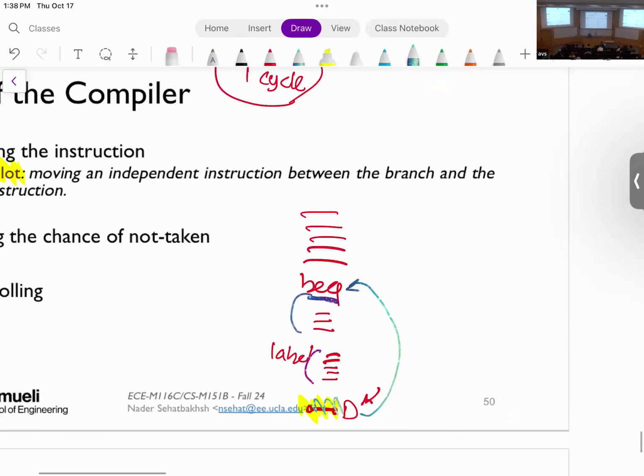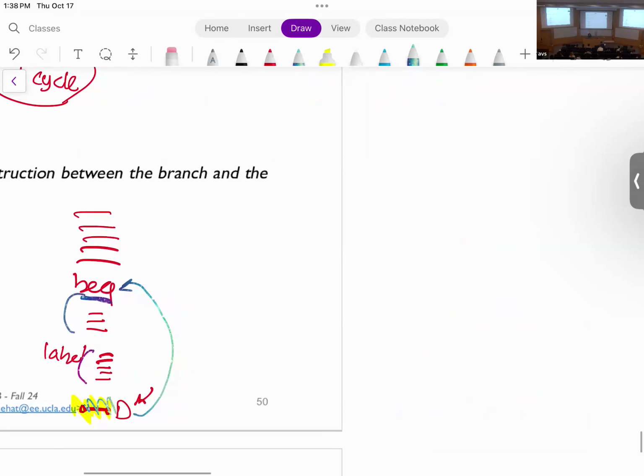Remember, we have the branch in the decode stage, and we don't know what to fetch, right? I said that we can fetch PC plus 4, and if we made a mistake, we discard and do PC plus offset. But the alternative option is that we don't do either PC plus 4 or PC plus offset.